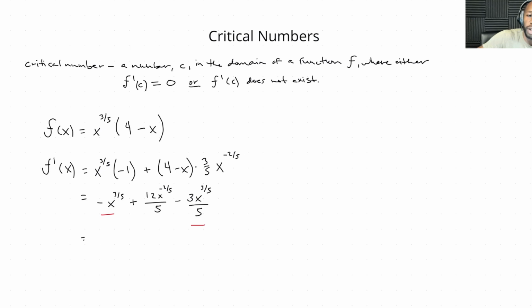If we treat this like 5 fifths, that's going to be negative 8 fifths x to the 3 fifths power plus 12x to the negative 2 fifths over 5. Okay. So we'll try to clean it up a little bit here.